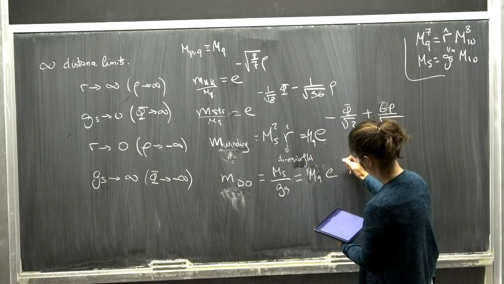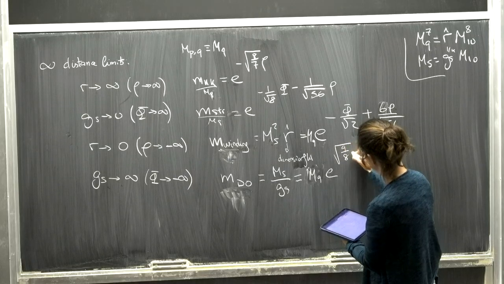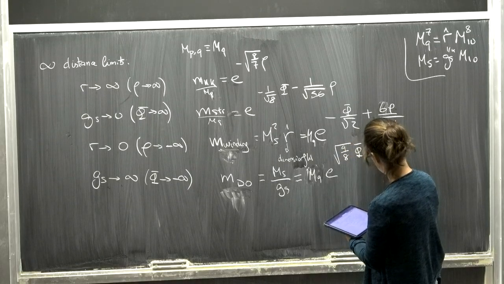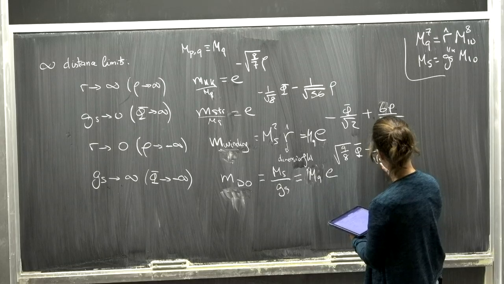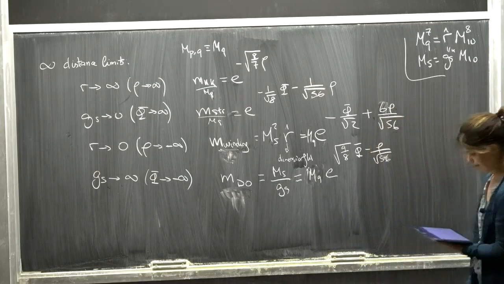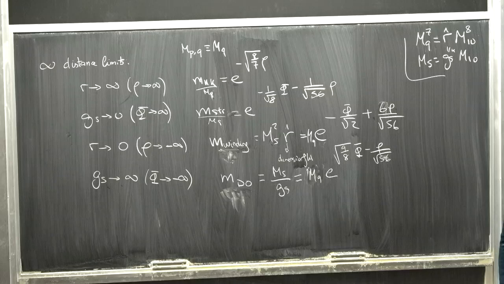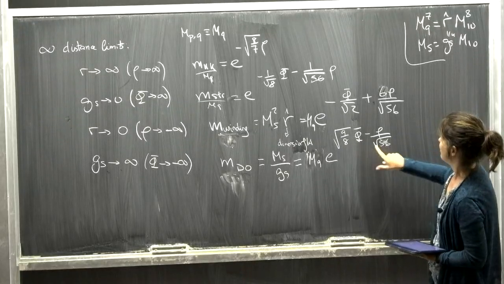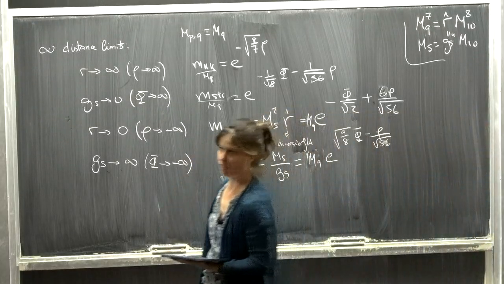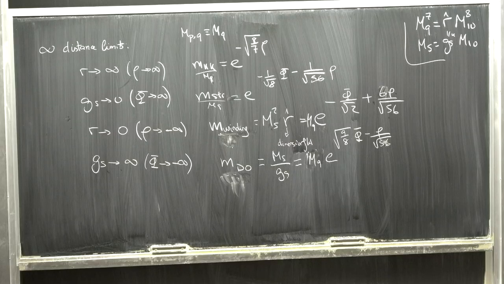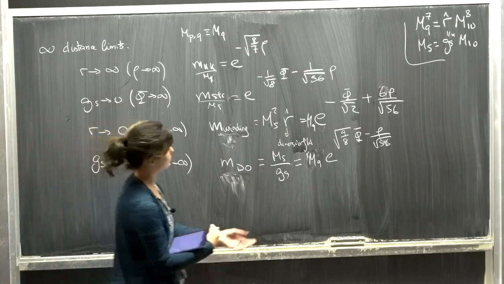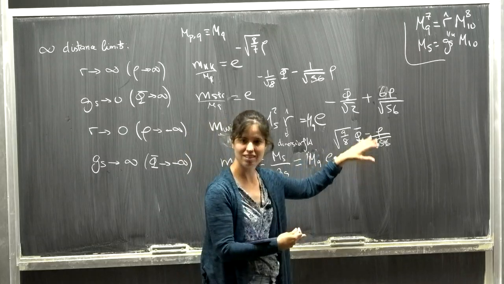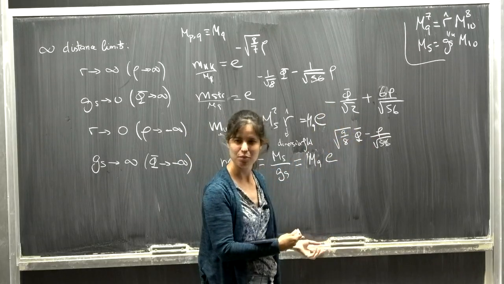This is e to the square root of 9 over 8 phi minus rho over 56. Good. Now, I'm keeping the exponential rates because one of the things I want to do is to quantify what these alphas are. And if you look at this, it seems very model dependent, like you get random numbers, but it's not.